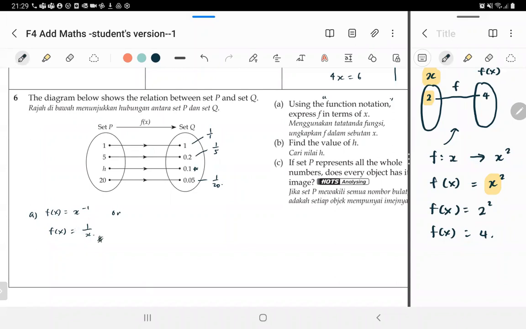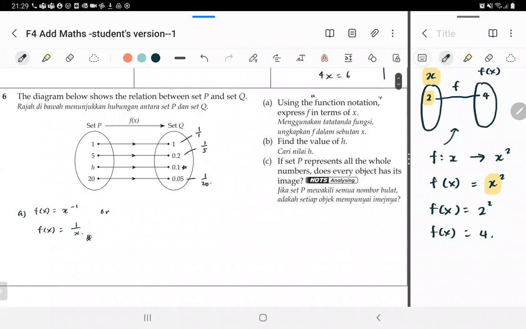Okay, next one, part B. Find the value for h. That means you have the image, want to find the object. So you do whatever like just now. The f(x) is equals to 0.1.